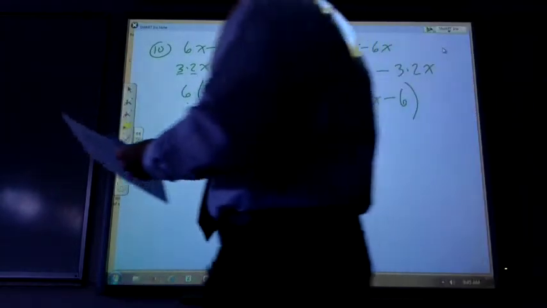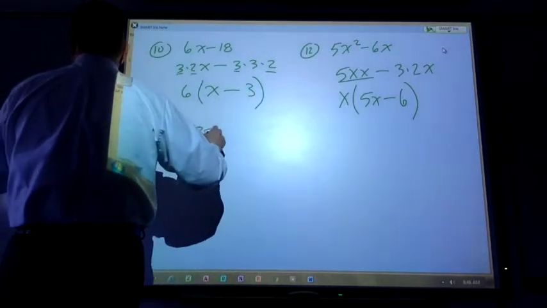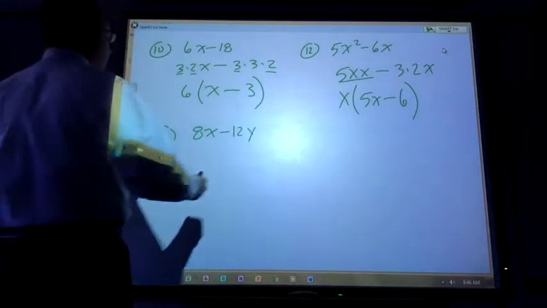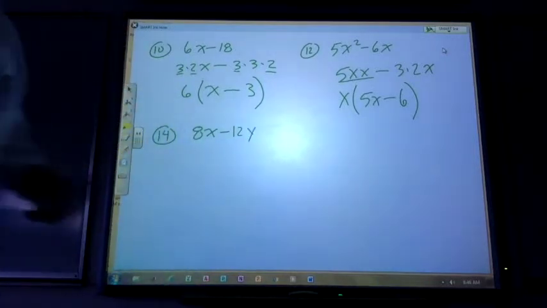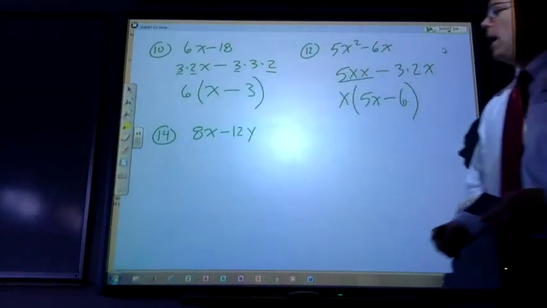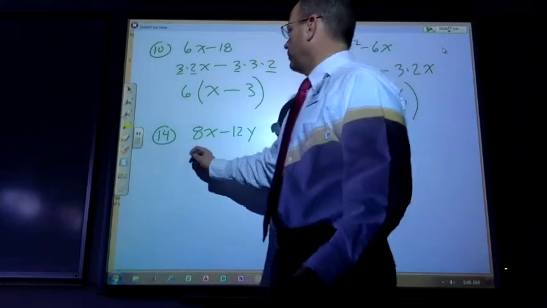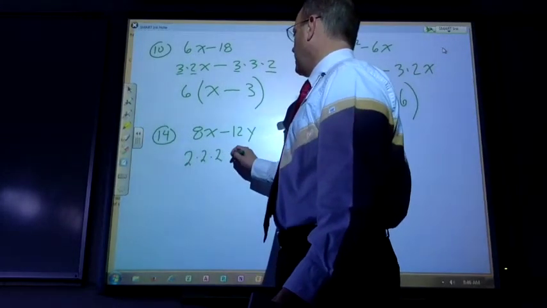Casey, coming to you for number 14. Now, guys and girls, these are going along with the ones on the paper, so you have the opportunity to be working them out. Casey, how can I break down 8? 2 times 2 times 2, and then the x.